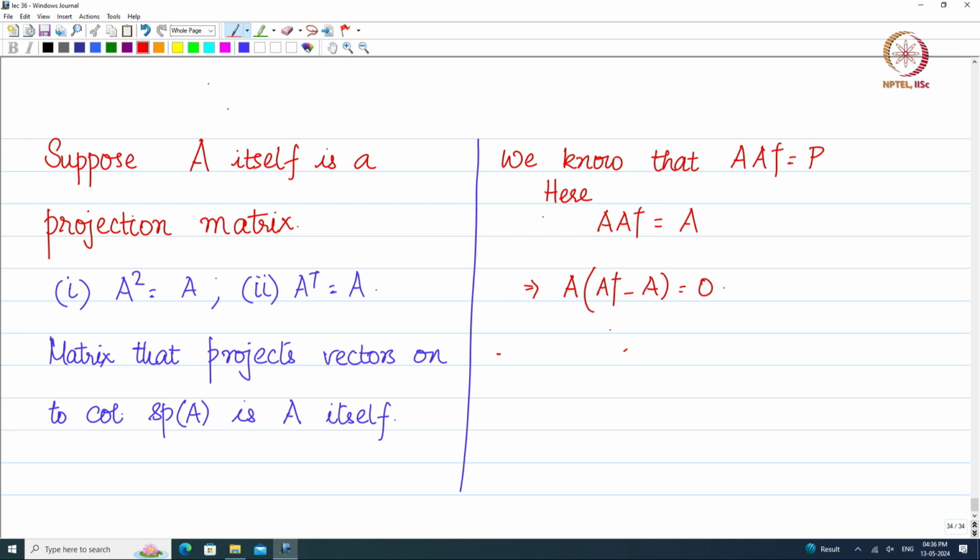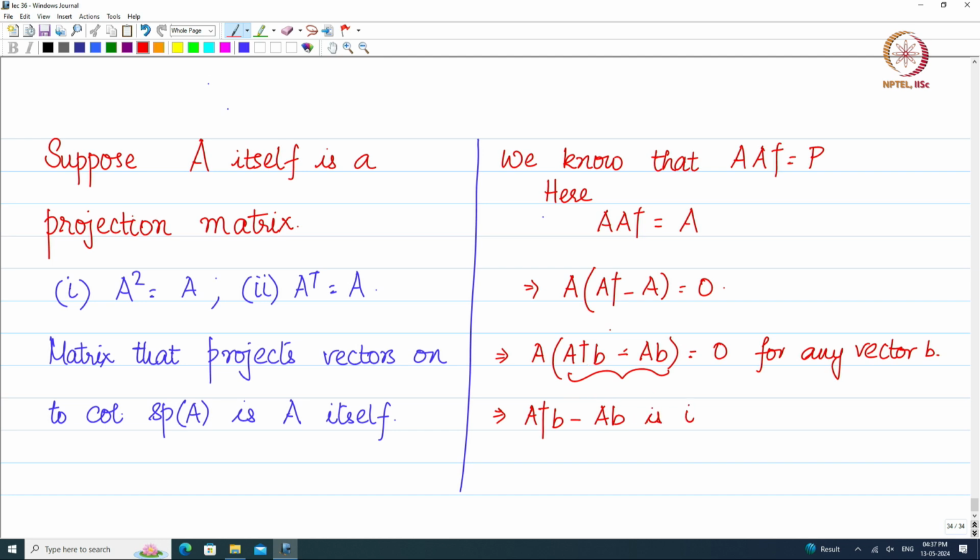Therefore, we already have A dagger B minus AB is equal to 0 for any vector B, which implies A dagger B minus AB. If you look at this, this is of the form Ax equal to 0. Therefore, this is in the null space of A, for any B.